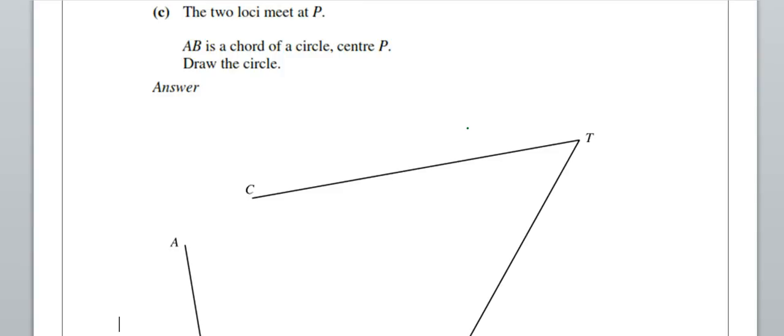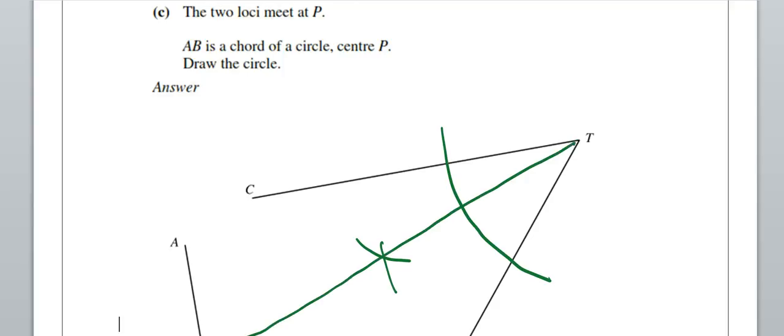Using your compass, draw an arc from this point T, and by maintaining the same length, draw one more arc from this point and one more arc from this point, and you will get an intersection point. If you draw this line here, this will be the locus equidistant from TC and TD. So that will be our first part.